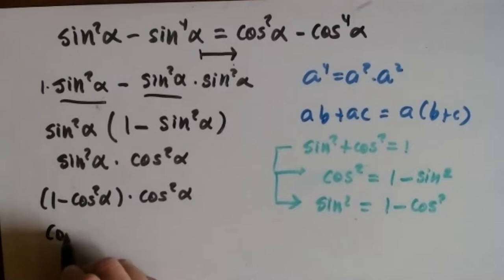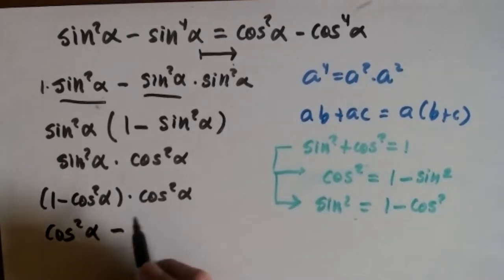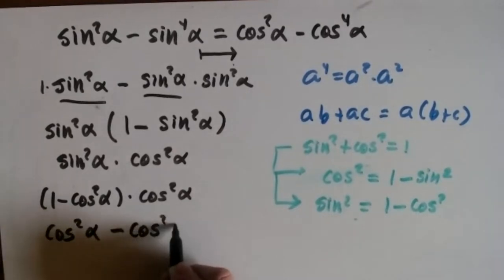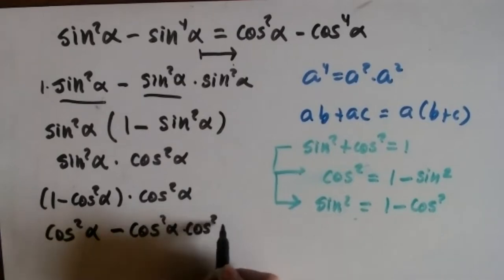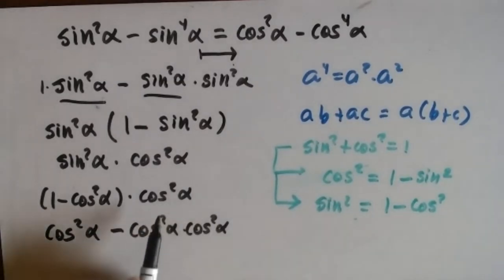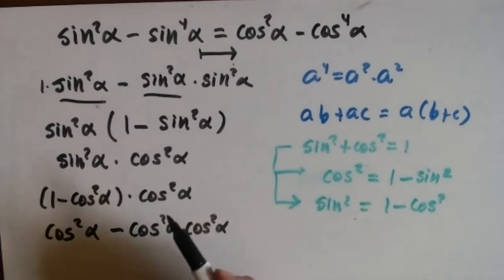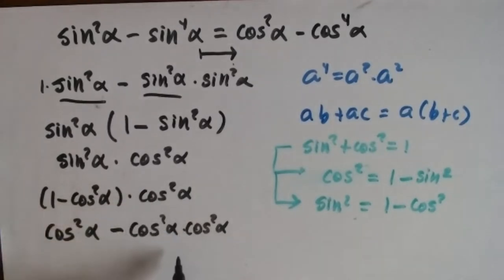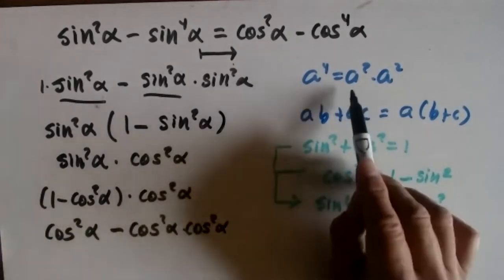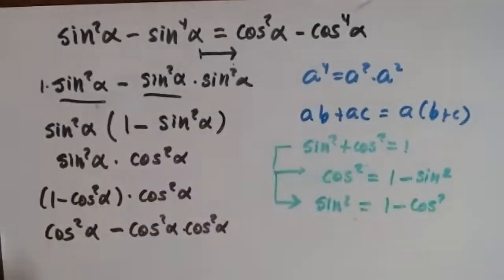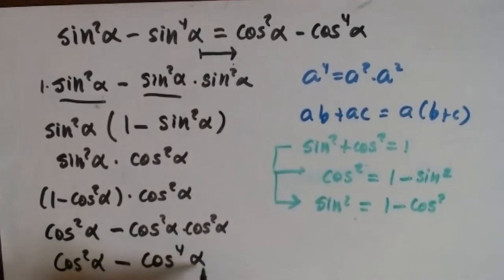So I have cosine squared alpha minus cosine squared alpha times cosine squared alpha, correct? So I multiply both terms by cosine squared. And then I remember that a squared times a squared is a to the 4. So this is cosine squared alpha minus cosine to the 4 alpha.